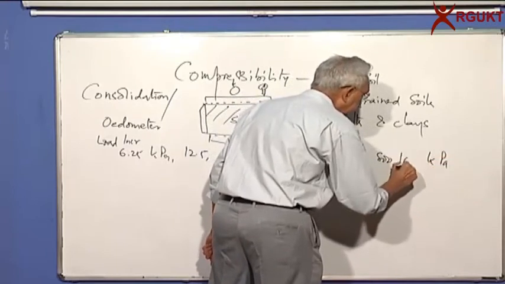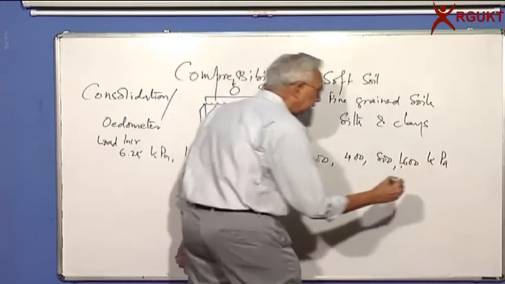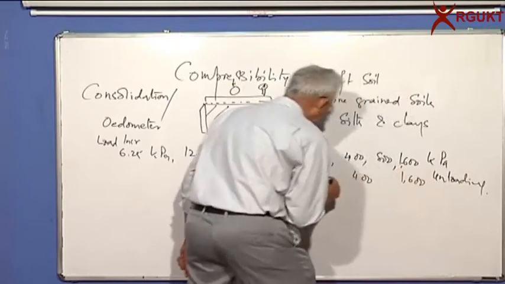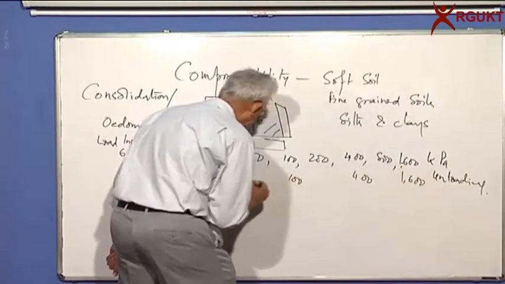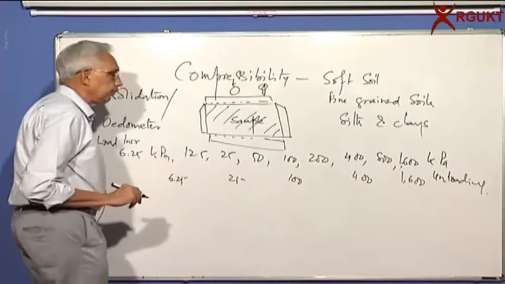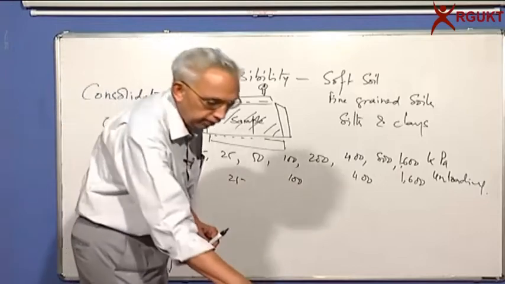Usually we go maximum up to 1600 kPa. And then we start unloading from 1600, we come to 400, then we come to 100, 25 and 6.25. Each load is kept for roughly 24 hours.